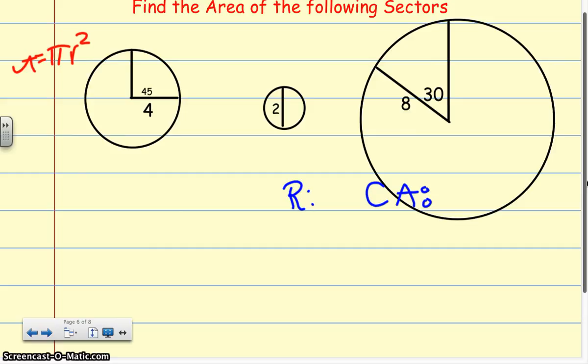Looking at this circle, try to identify what's your radius. See if I'm outlining what you're noticing. Your radius should be 8. Central angle, try to identify your central angle. See if I am noticing the same. Your central angle is the angle formed by the sector, which is 30 degrees.